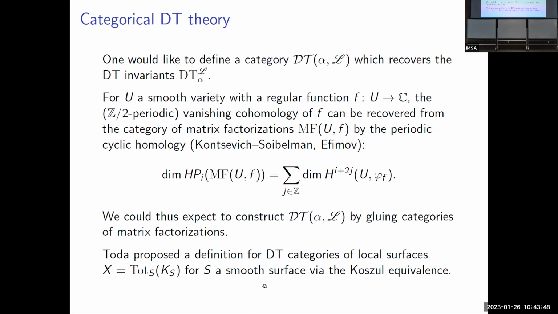Then you expect to have, again, maybe a canonical orientation. You expect to glue these matrix factorizations, and then by Koszul equivalence, you expect this to be related to some categories on S itself, on moduli of sheaves on S. So basically you take coherent sheaves on those moduli spaces, quotient by some subcategories defined in terms of singular support. Then Toda proposed to study some DT categories defined directly in terms of S.